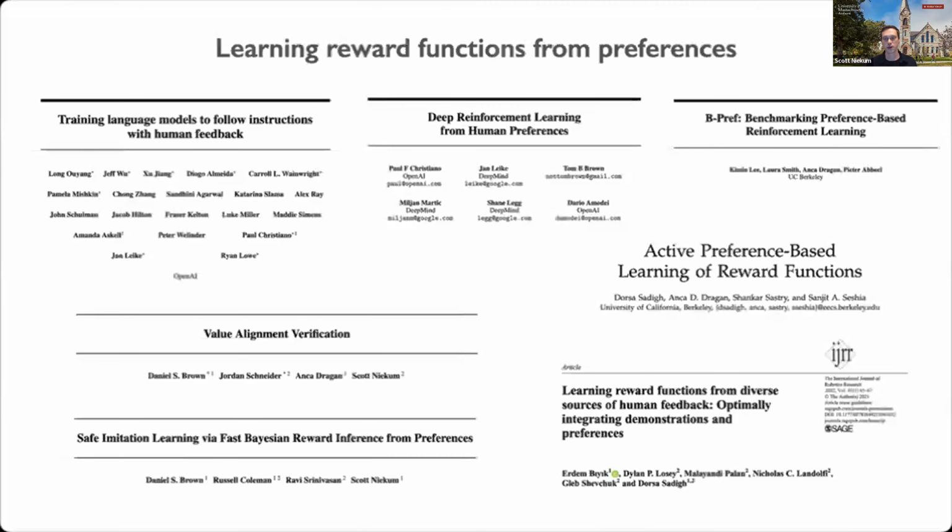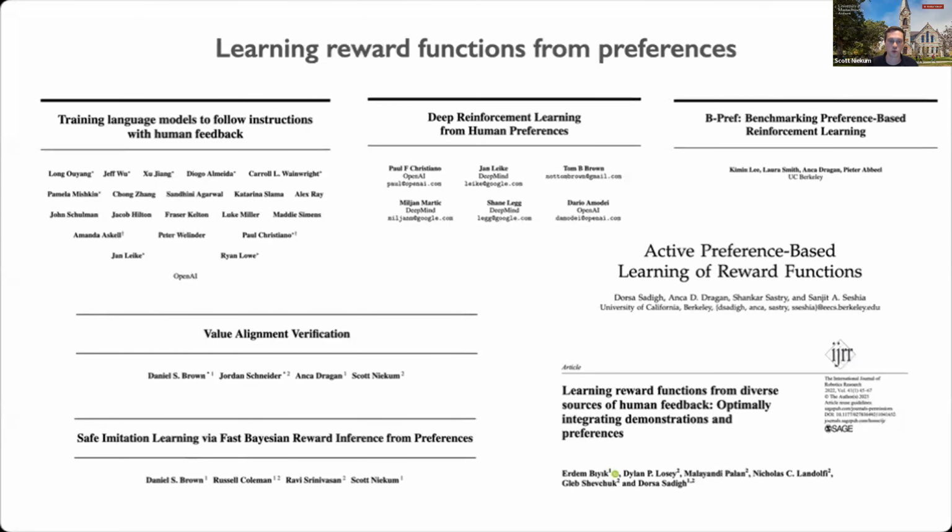Okay, so learning from preferences. Learning reward functions from preferences, sometimes called RLHF, reinforcement learning from human feedback, is an increasingly popular way of inferring reward functions from people's preferences, and then using them to either train policies or better align by fine-tuning policies.